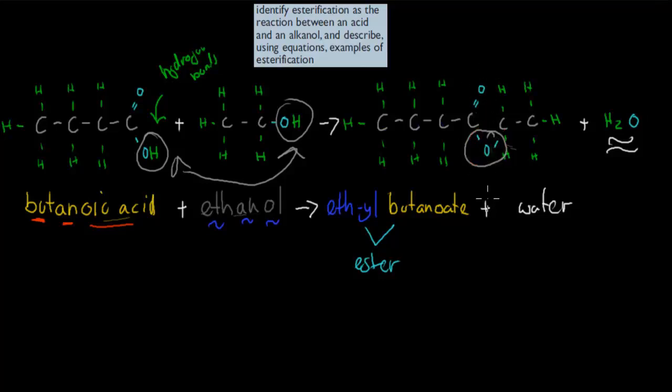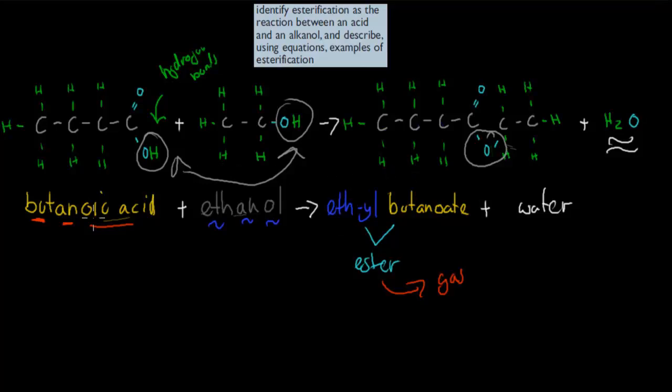Which means overall, there's less hydroxide groups, which means overall, the boiling point will actually decrease. Which is why often when we make esters, even though the butanoic acid and the ethanol were liquid, the ester itself will actually be a volatile gas, because the boiling point was lowered due to the fact that there's less hydroxide groups than there were beforehand, which means there's less chance for hydrogen bonding to occur.